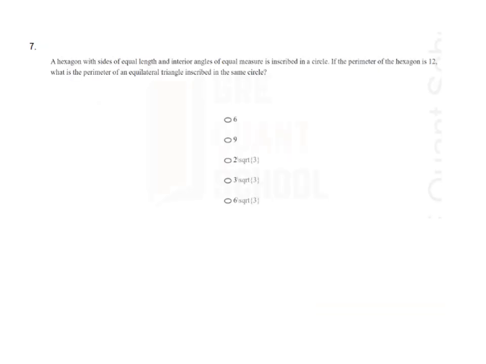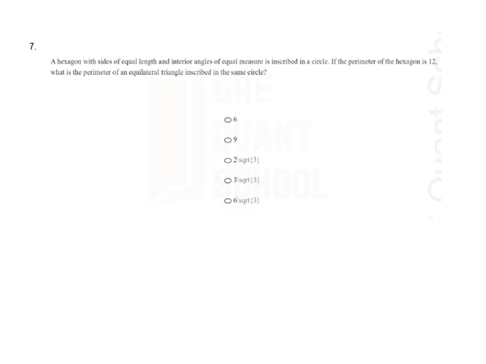A hexagon with sides of equal length and interior angles of equal measure is inscribed in a circle. If the perimeter of the hexagon is 12, what is the perimeter of an equilateral triangle inscribed in the same circle? So sides of equilateral triangles are the same, and the perimeter of the hexagon is 12.